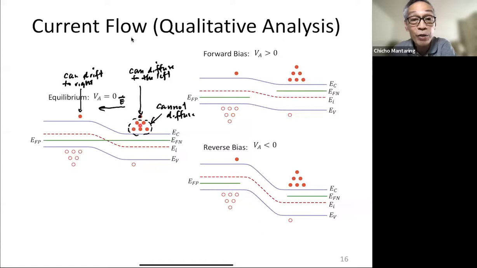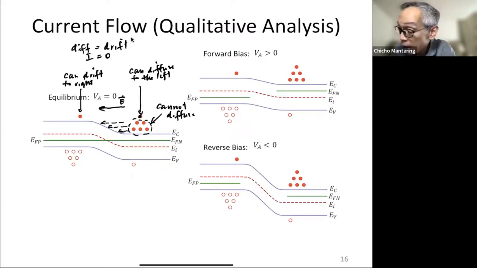Why can't these diffuse? Because if they try to go to the left, it's like climbing a hill, they will not have enough energy and will get stuck. So these can drift to the right, and this can diffuse to the left. The diffusion is equal to the drift, and your net current I is equal to 0.